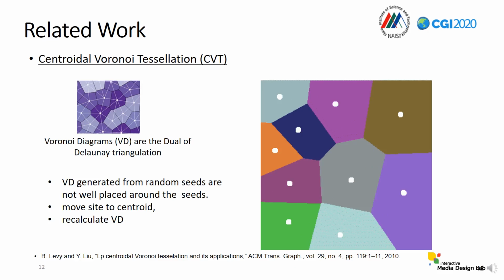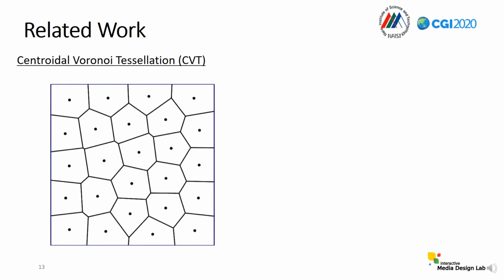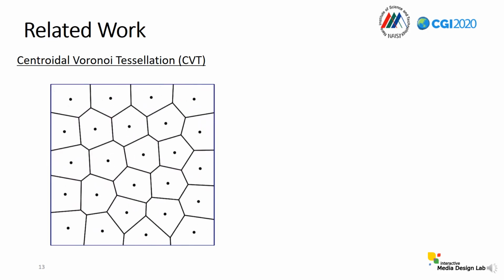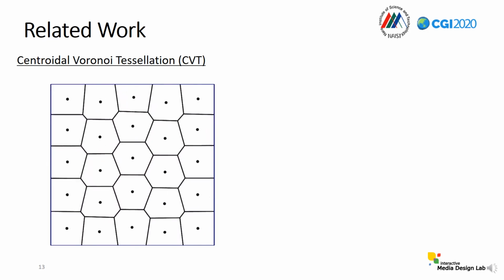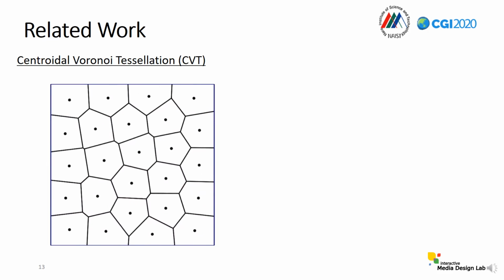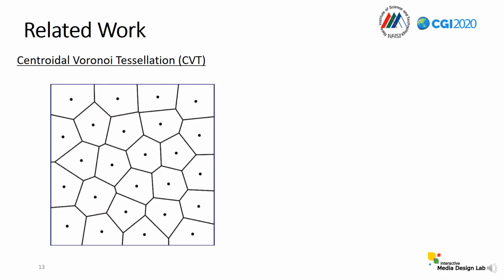In this manner, CVT improves the mesh quality or smooths the surface mesh. Here you can see the irregular Voronoi diagram, and then when the seeds are moved toward the centroid of each cell, the mesh is smooth.